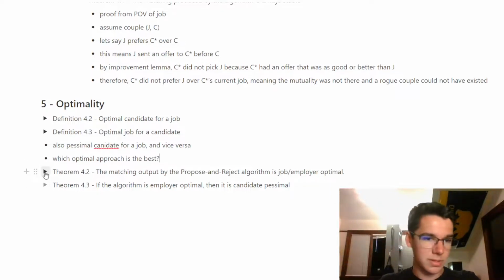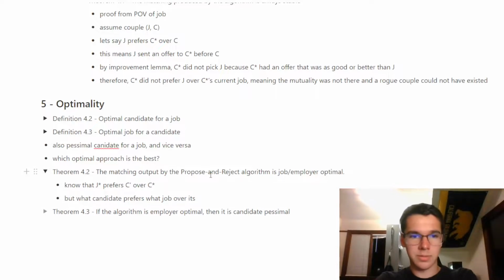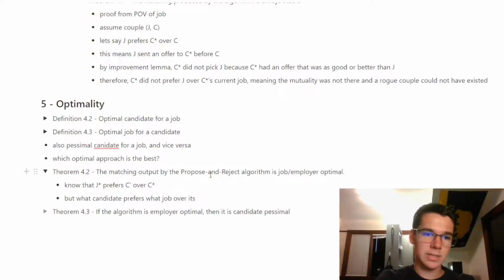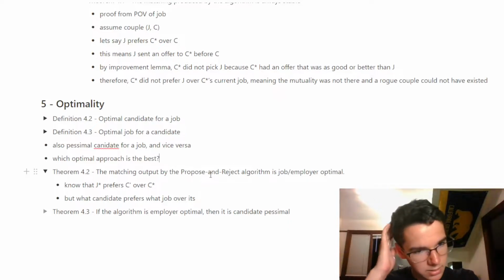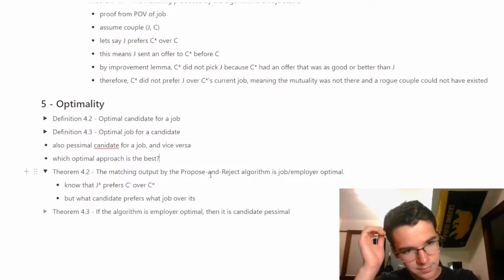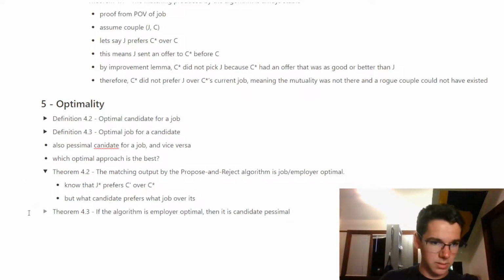I would appreciate if someone were able to give a little feedback on my thought process. But this one intuitively makes sense, where it says that the matching output by the propose and reject algorithm is job optimal, because jobs are the ones that get their first pick right off the bat. But yeah, I'm not really going to go into this one.